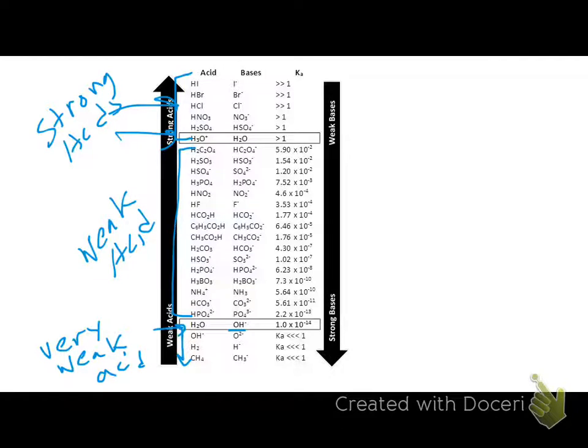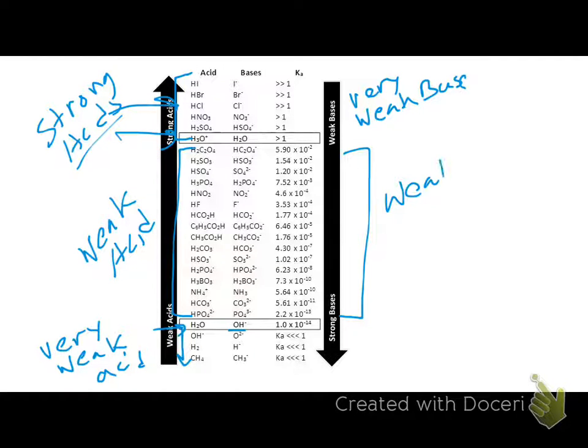All right. So if these are strong acids above the hydronium ion, then these must be very weak bases. Right? And between water and the hydronium ion, then these would just be considered weak bases.